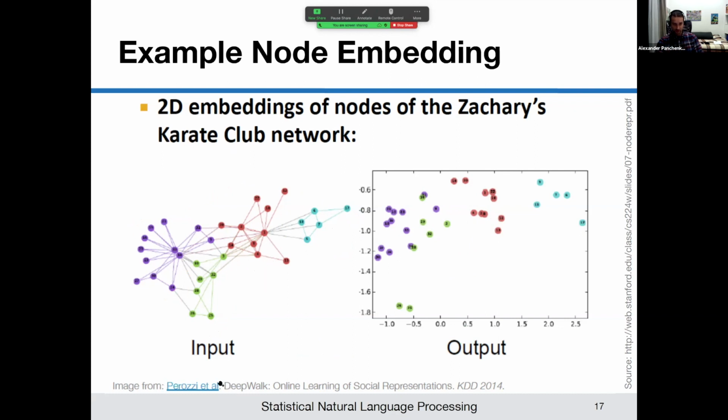One of the early approaches to solve this task was the approach by Perozzi et al. called DeepWalk, proposed in 2014 at KDD, which is a top-tier data mining conference.